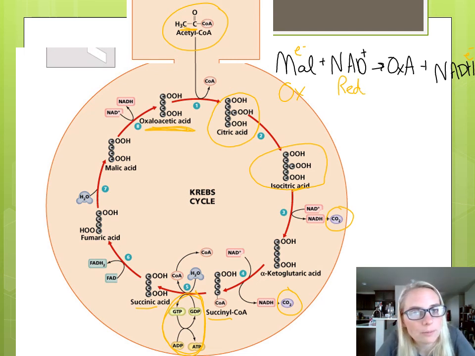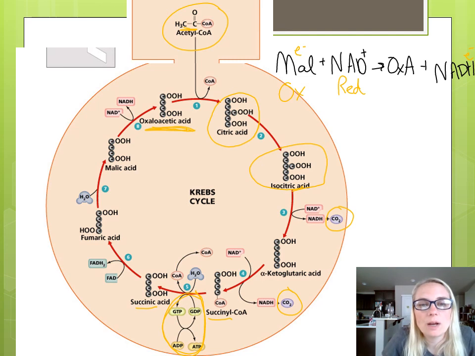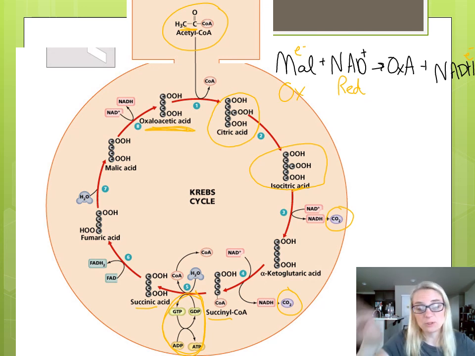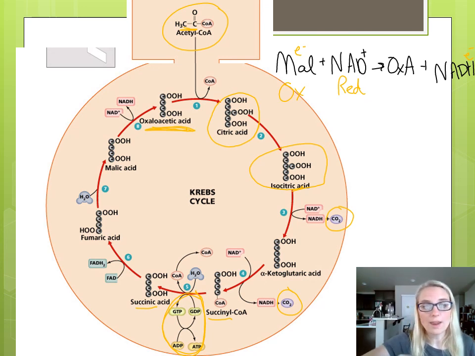Hopefully you're seeing a pattern by now. These redox reactions are so critical because now we've finished one spin, right? We brought in our acetyl-CoA, and enzymes are driving these enzymatic reactions. We've gotten rid of a couple carbon dioxides, we're producing some NADHs and FADH2, so what's the point? What's the why, right?